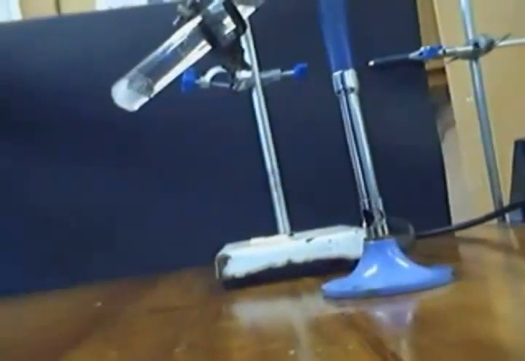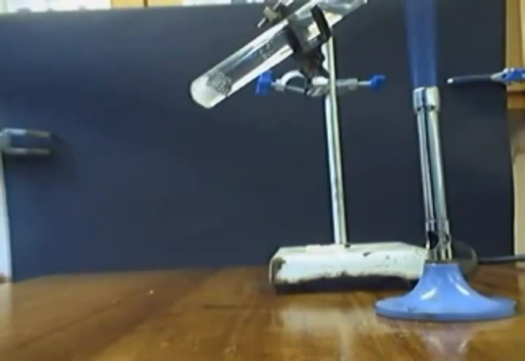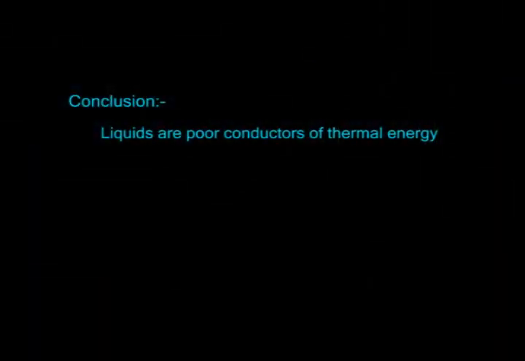You notice that water at the top is boiling, and yet the ice at the bottom hasn't even melted. And this proves that water and liquids in general are very poor conductors of heat energy. And you can imagine in gases, conduction is almost impossible.